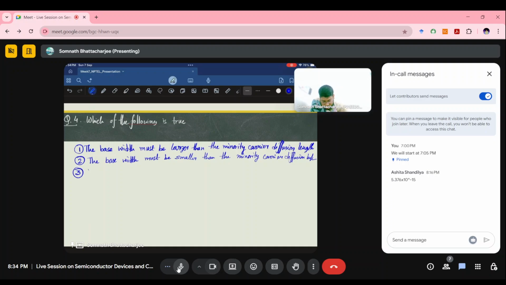Three, the base region should be heavily doped.